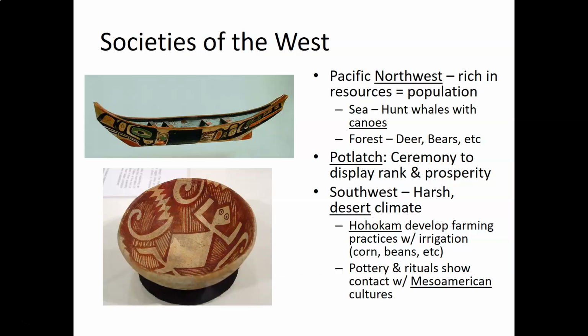So let's get started. All right, so let's start in the West. In the Pacific Northwest, we see an area that's highly rich in resources, and those resources directly lead to a higher population.